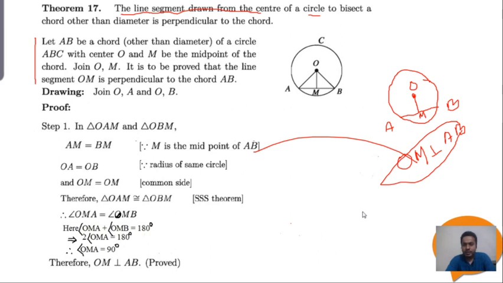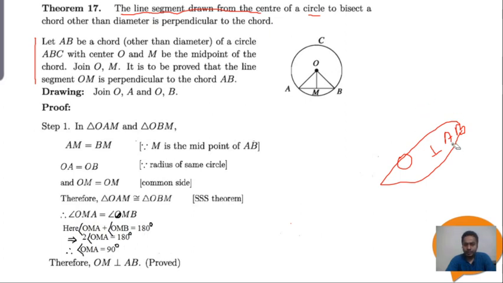Just consider these two triangles, then you will get the congruence of triangle. You have to prove the congruence of triangle. Consider OAM and OMB. How can we prove these two triangles congruent?